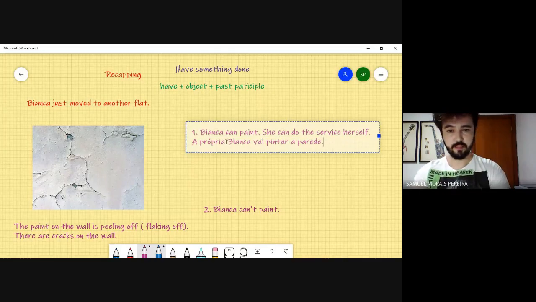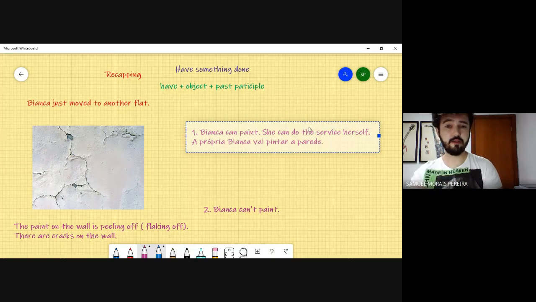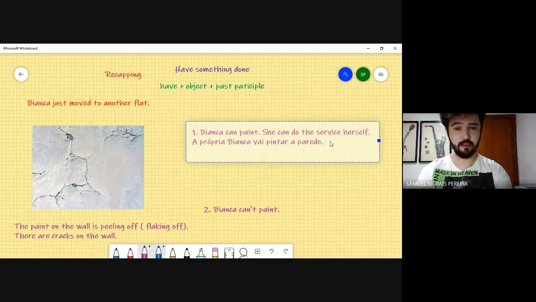Okay, so pay attention to this part here. A Bianca vai pintar a parede. When I say that the person herself or himself is going to do the job, it's not necessary to use this structure, okay? Não se usa a estrutura. Então, in this case here, I can just say like, Bianca will paint the wall.